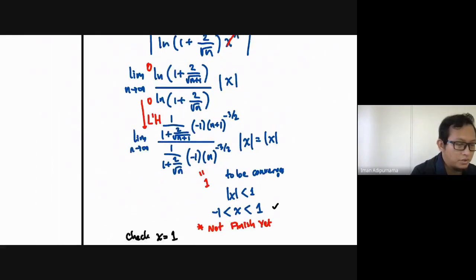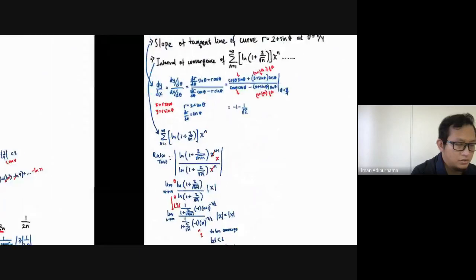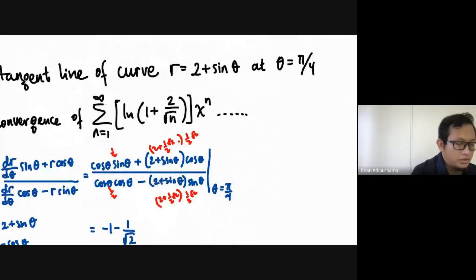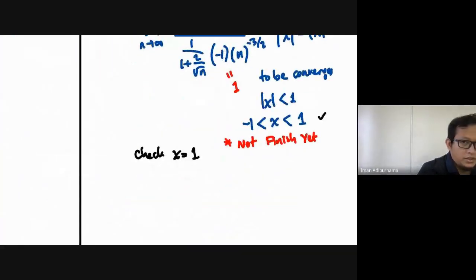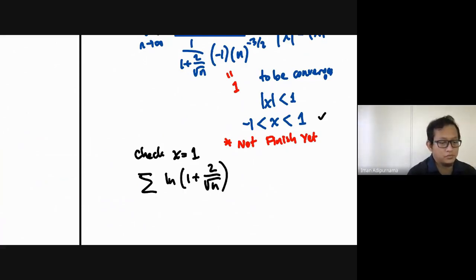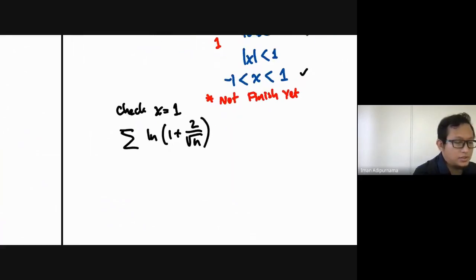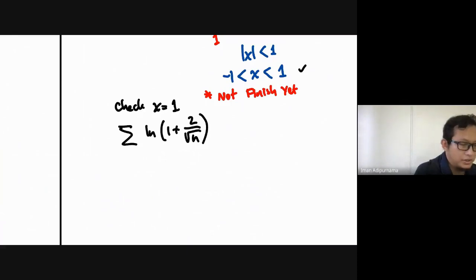So check x equal 1 from our formula. If you have x equal 1, it's just ln of 1 plus 2, which is divergent.